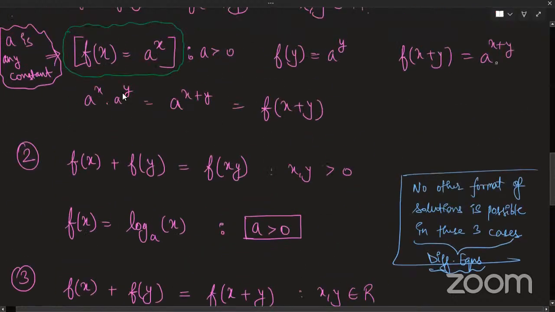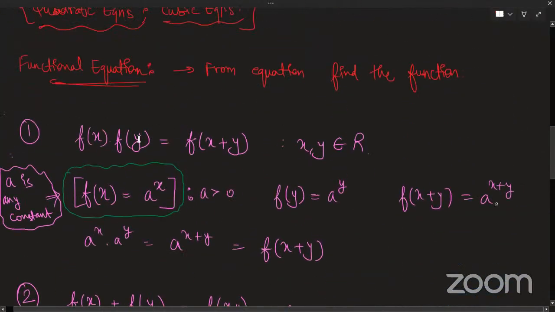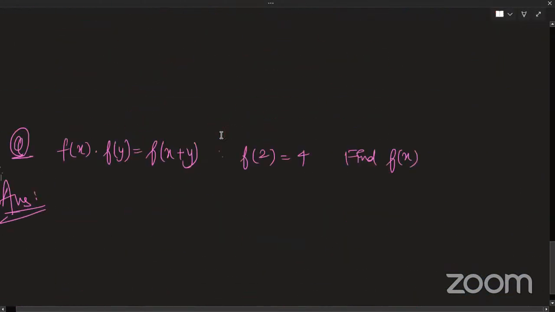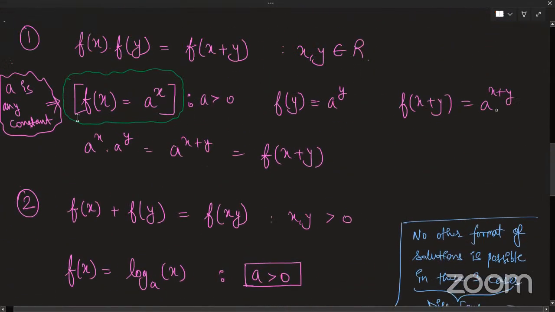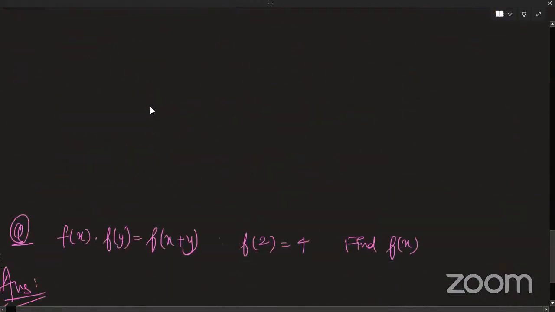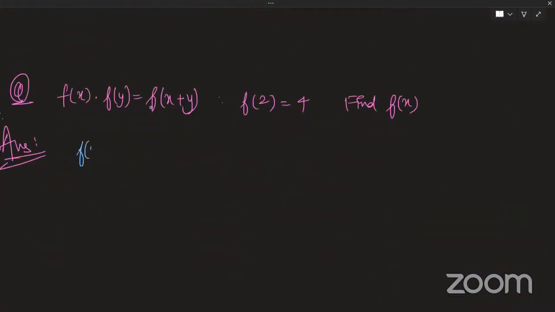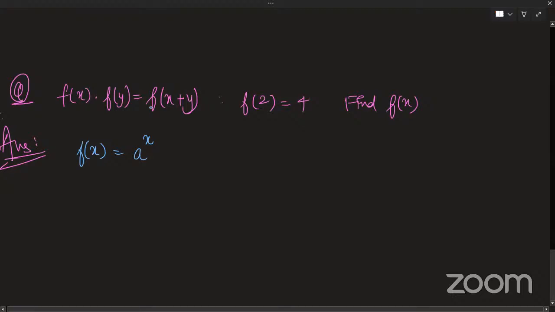So go back again. f(x) into f(y) is equal to f(x+y). Okay. So which type of solution will it fall into? f(x) will be a raised to x. f(x) की वैल्यू क्या हो जाएगी? a^x, right? No other format of solution is possible. This is the only way in which this functional equation can result.